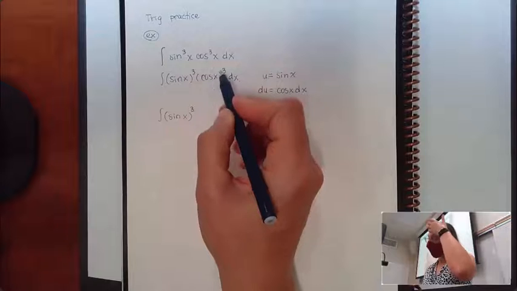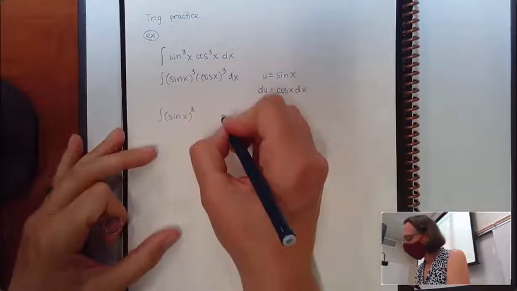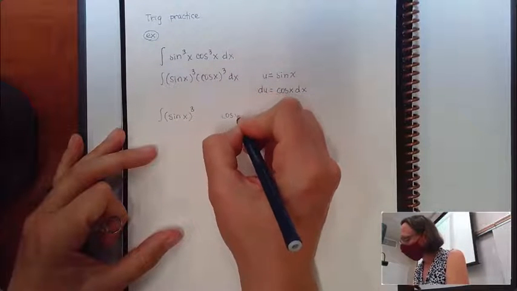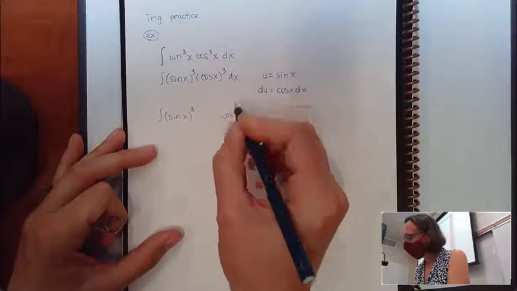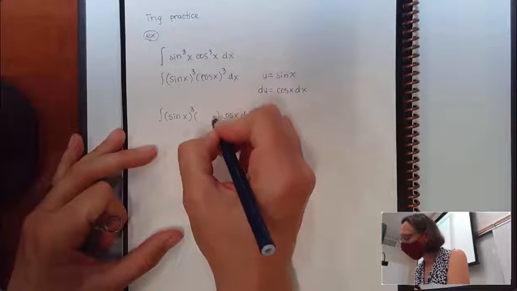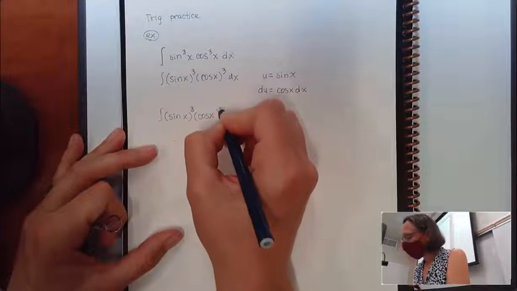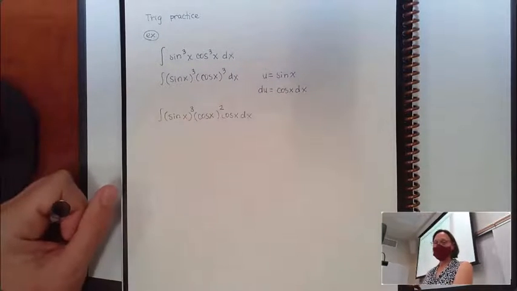So the way that we're going to deal with this is by the help of a trig identity. So we're going to think about that u substitution. I'm going to kind of have it on pause there. I'm going to take that cosine cubed x. I'm going to borrow one because I know that I need it for my u substitution, but that's going to leave me with a cosine squared.